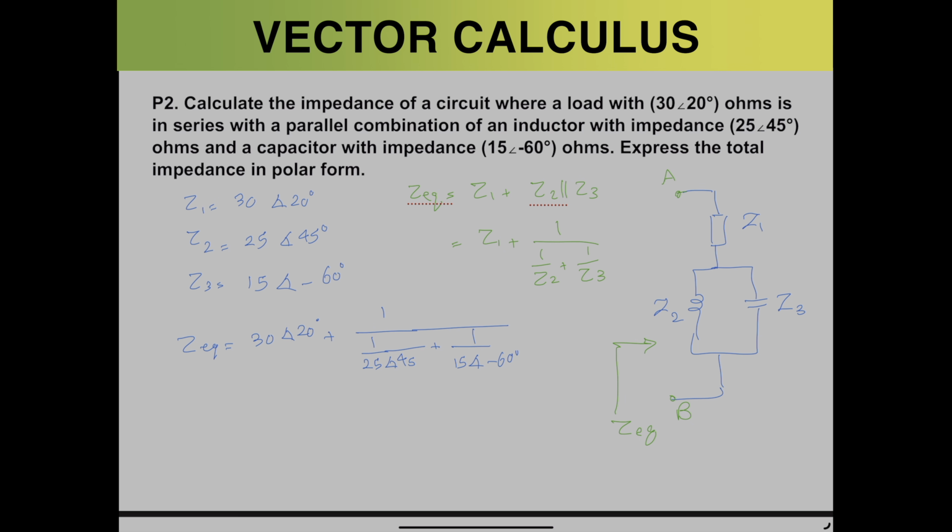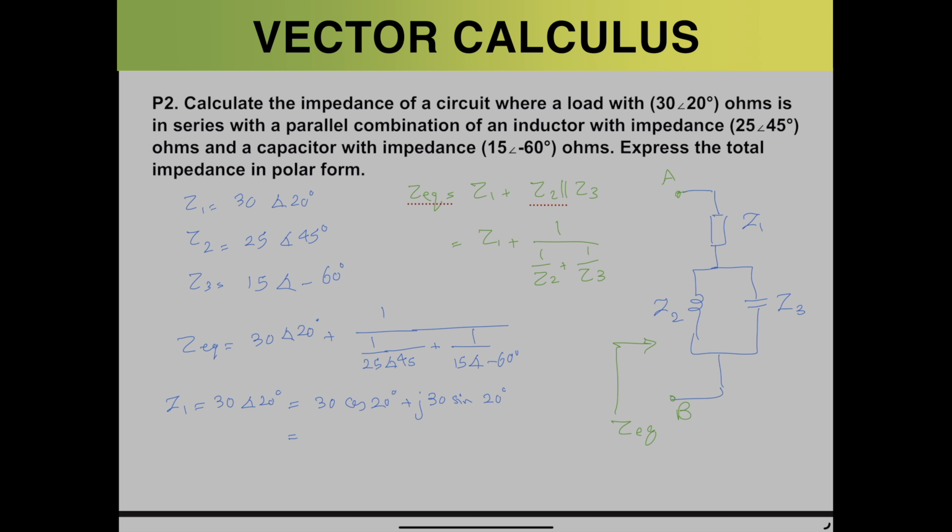In order to do that, we know that Z1, which is 30 with a 20 degree angle, can be represented as 30 cos 20 degrees plus 30 sin 20 degrees times j to convert that into rectangular form. So essentially cos of this angle times the magnitude gives the real part, and sine of that angle times the magnitude gives the imaginary part.